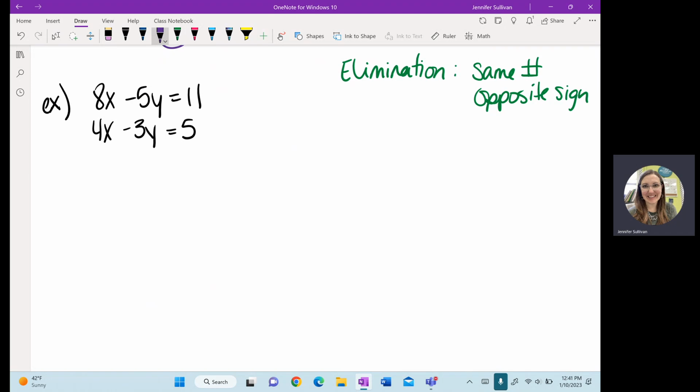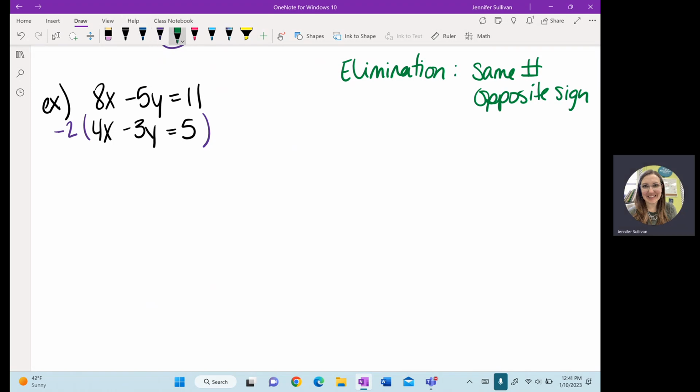So what that means is that I'm going to multiply my smaller coefficient. Okay, so the smaller coefficient was 4. So I'm going to ask myself, what can I multiply 4 by in order to change it to an 8? I can multiply it by 2. But right now they have the same signs. They are both positive, and I need them to be opposite signs. So when they're already the same sign, we are going to actually multiply by a negative number.